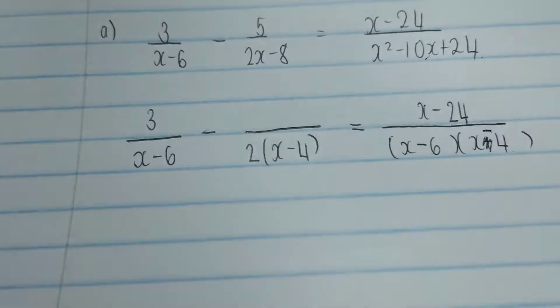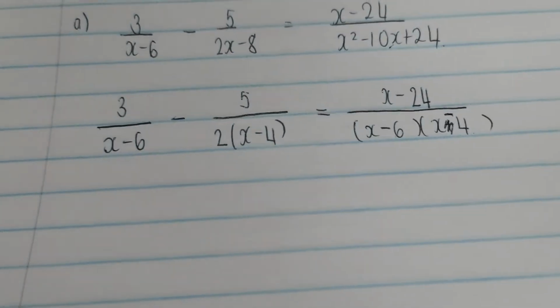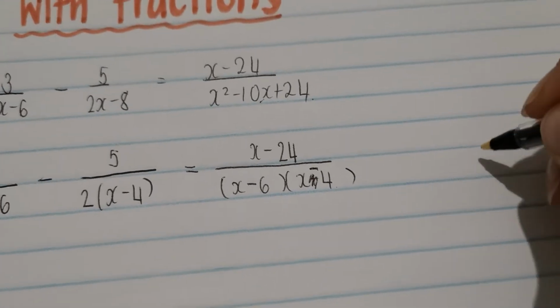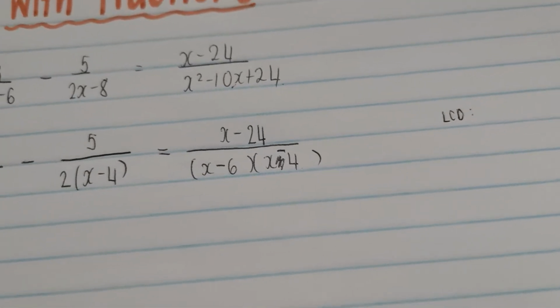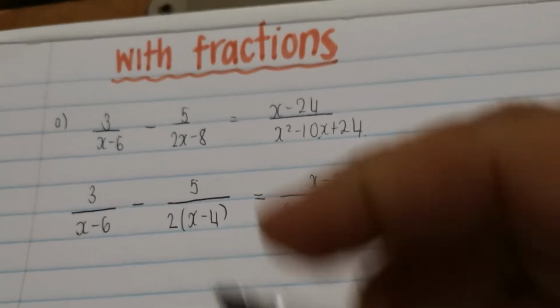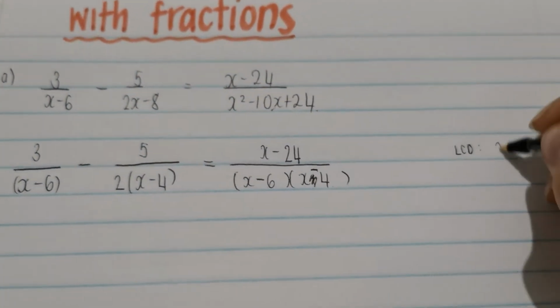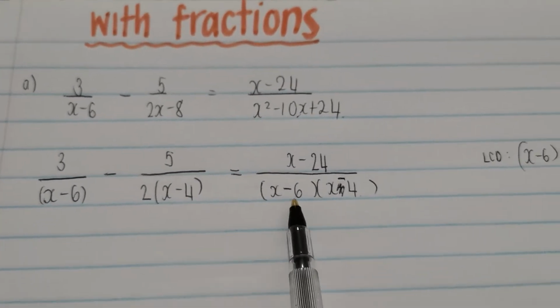Okay. Right. Now, oh, I forgot this part here. Now you look at your denominators. I've got an x minus 6, so let's write that down for LCD. So basically for LCD, you're just collecting one of everything, okay? This here is as it is, so you have to collect the whole thing. So I got an x minus 6, and I notice it's here and it's here.